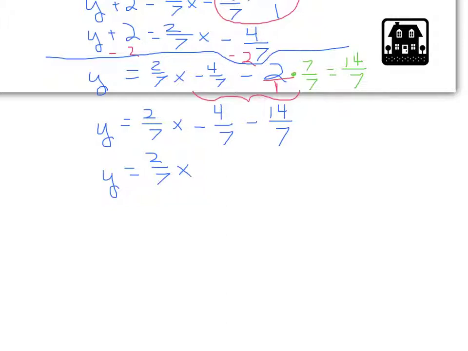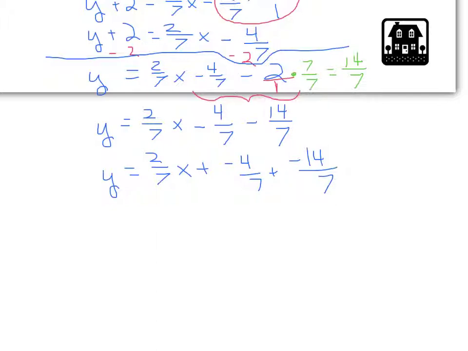Okay, now notice what we're combining. We're combining minus 4 and minus 14. So essentially we are saying this is plus, I'm going to do a little extra step here, plus minus 14/7. So what I'm showing you here is that if you subtract a fraction, it's the same thing as adding the negative of that fraction. In fact, that's the definition of subtraction. It's adding the opposite.